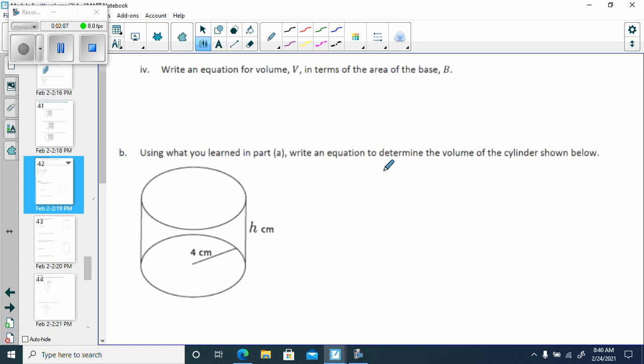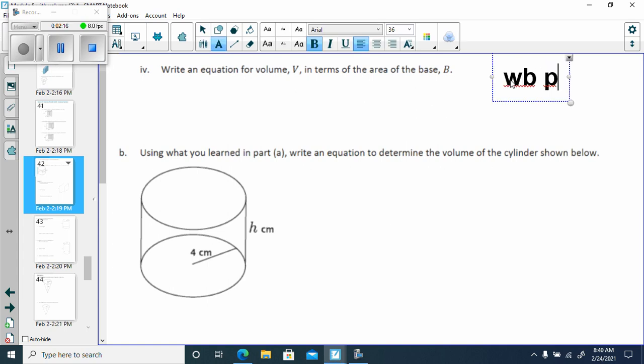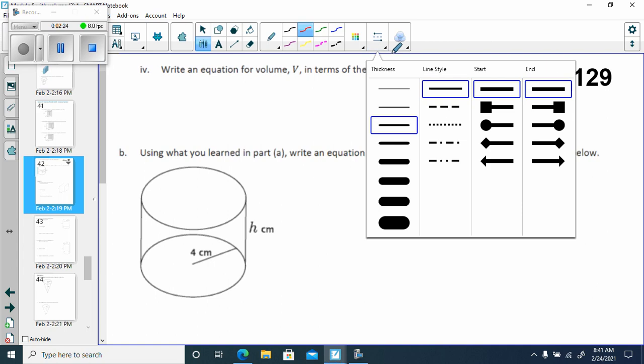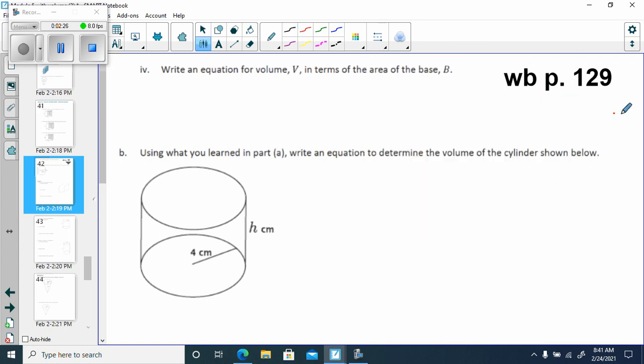That is on page 129 in your workbook. Workbook page 129.